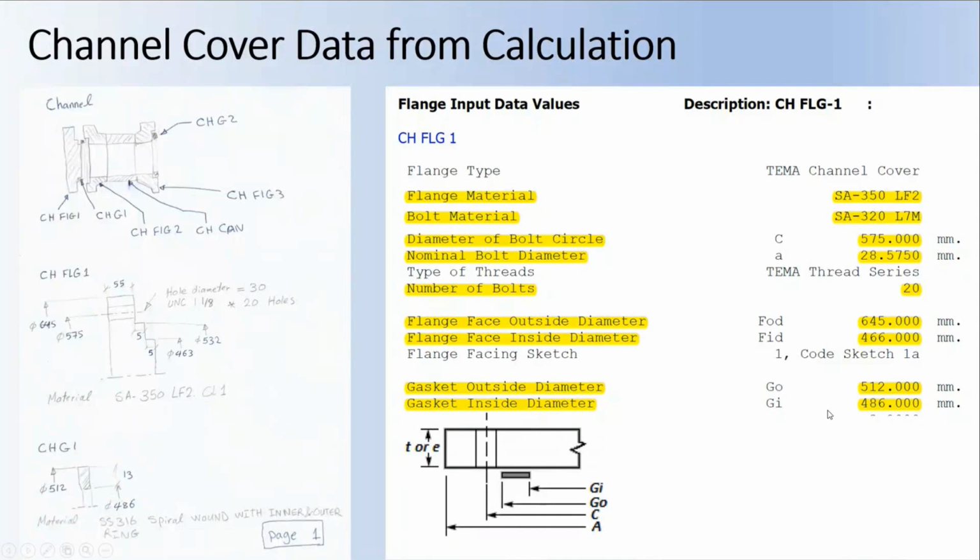Here on the right hand side we have an image from the mechanical calculation which indicates the cover dimensions, and you can figure easily that the material of this cover is SA 350 LF2 class 1, and the bolt material, here the dimensions of the element.